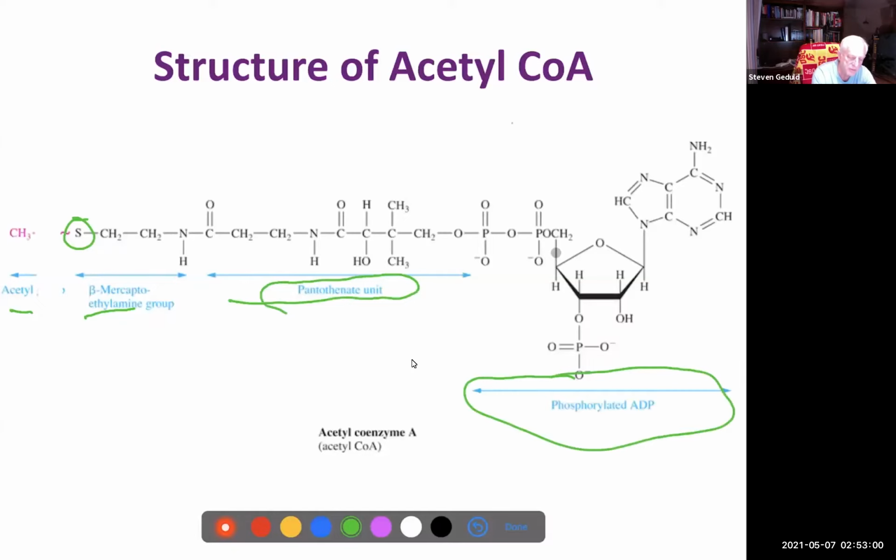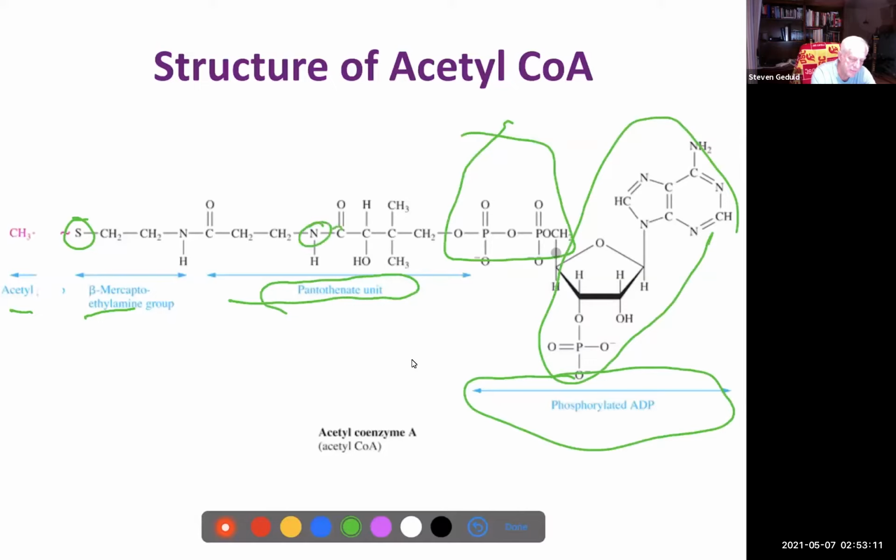So here's your ADP, a diphosphate. This is adenine. This is your long-chain hydrocarbon acid. This is an amino acid. Here's your peptide bond. And this is the acetyl group that gets attached to the thiol group. This is acetyl coenzyme A.